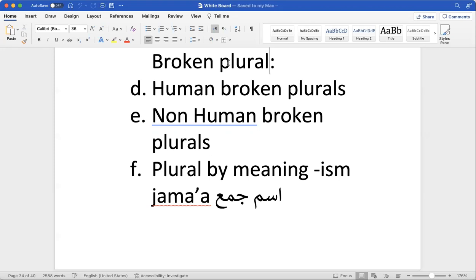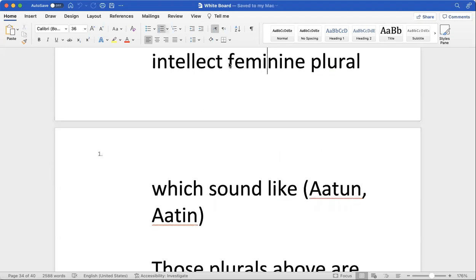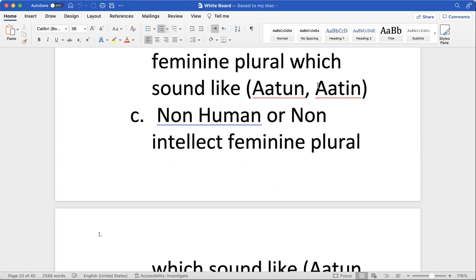So we have studied normal plural, where we have masculine plurals, which end with una and ina sound. Then we have feminine plurals among the human, which end with atun and atin, like Muslimatun, Muslimatin. Then non-human or non-intellect feminine plurals, again ending with atun and atin, like samawatun.